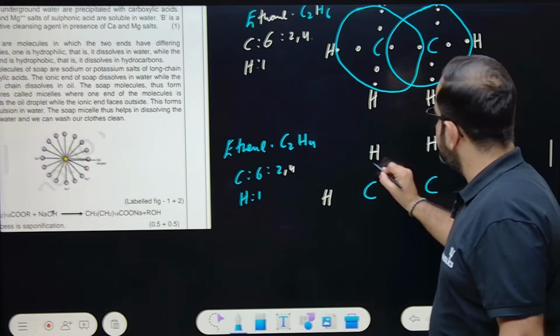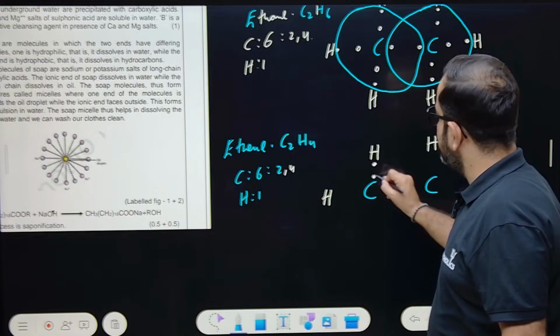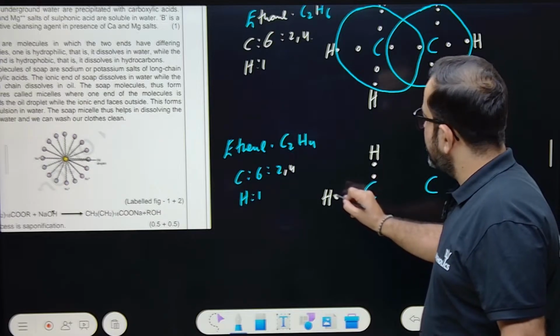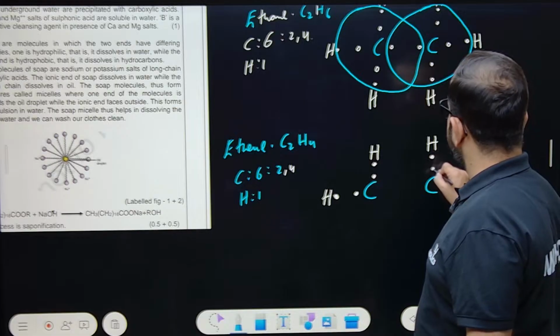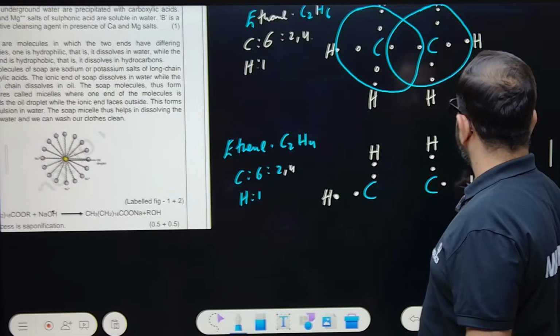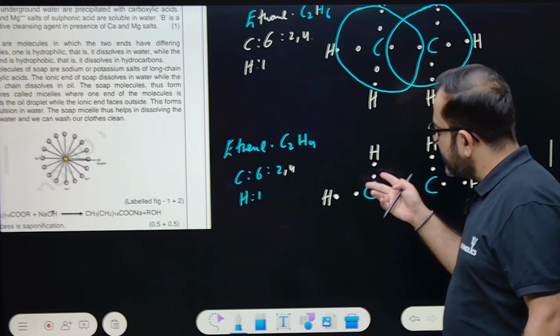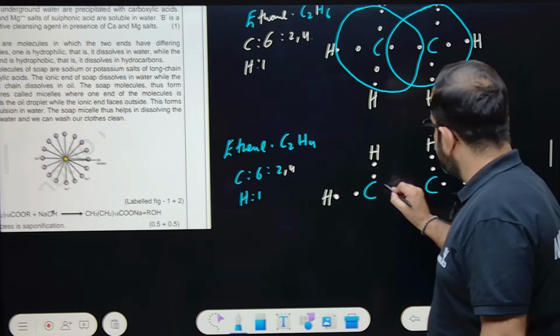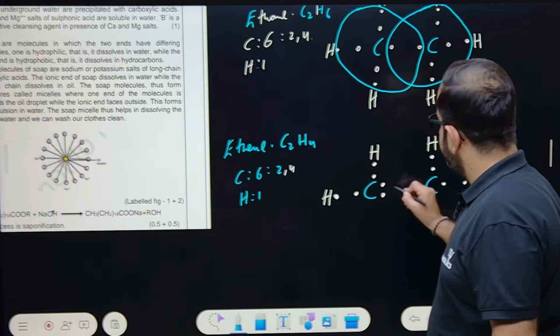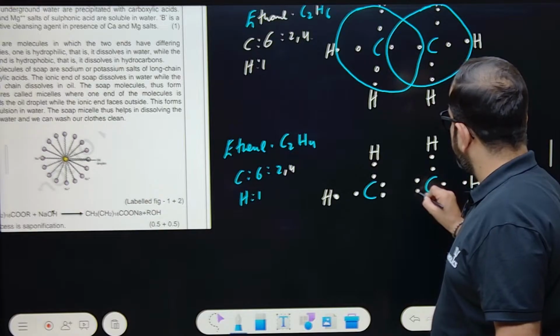Hydrogen has to share only 1 electron. This is carbon's 1 electron, this is hydrogen's 1 electron, this is carbon's 1 electron, this is again hydrogen's 1 electron. Now carbon is sharing 2 electrons, one with this, one with this. Remaining there are 2 electrons, so these are the remaining 2 electrons, and this is the remaining 2 electrons.